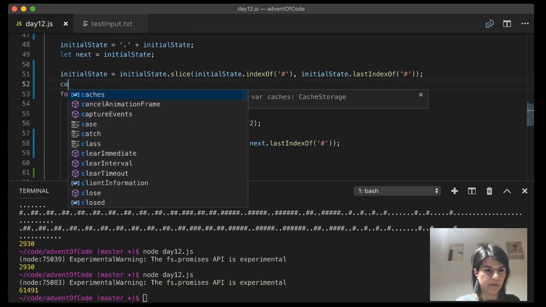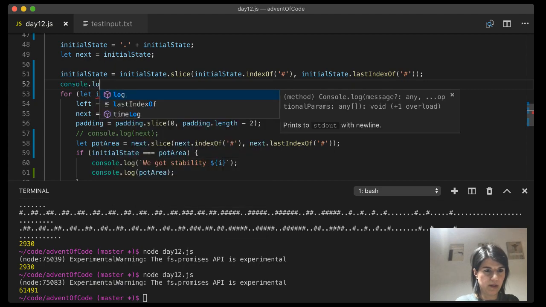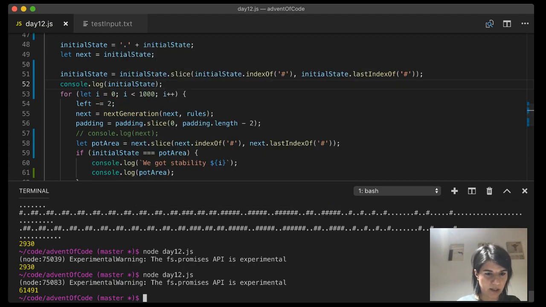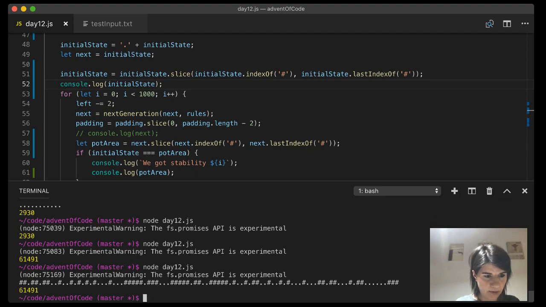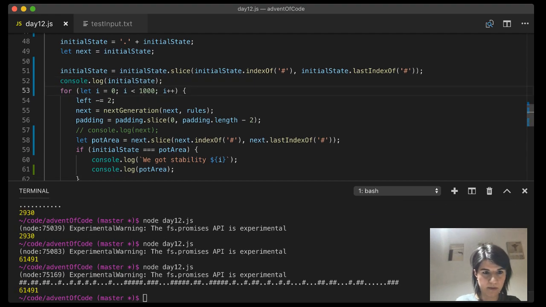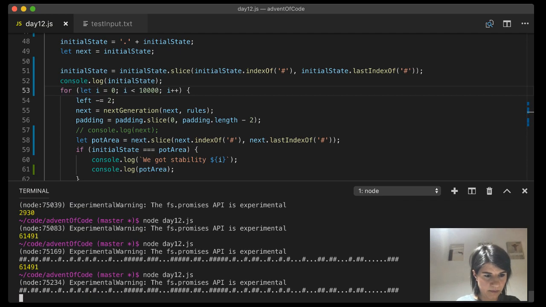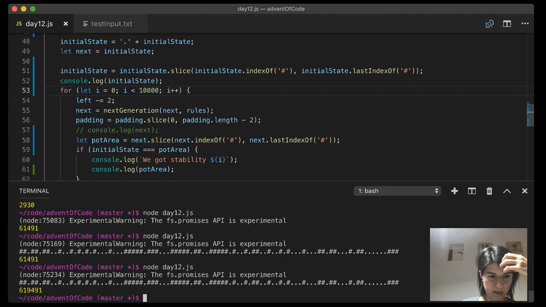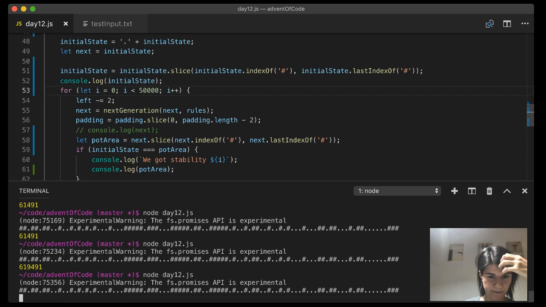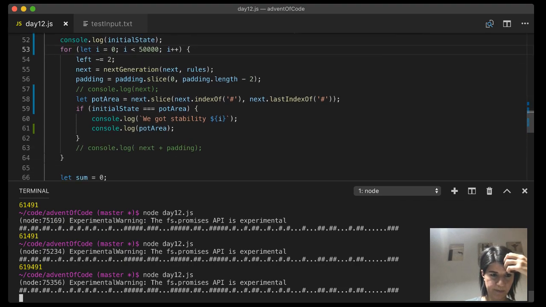So console.log initial state. That looks good. Okay, let's run this for 10,000. Next stat, why am I not getting stability? So you get complete stability where the area was identical to the other one at some point.